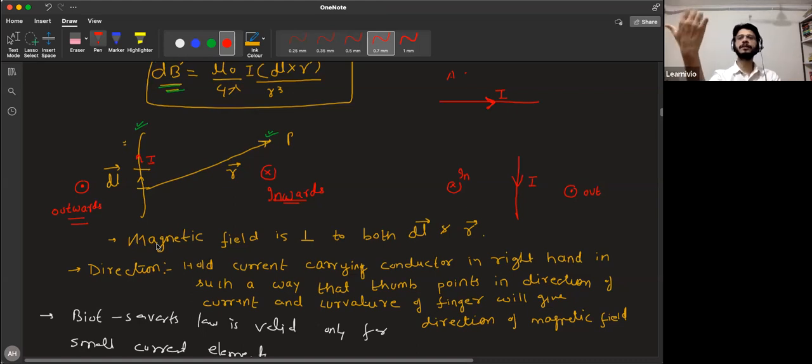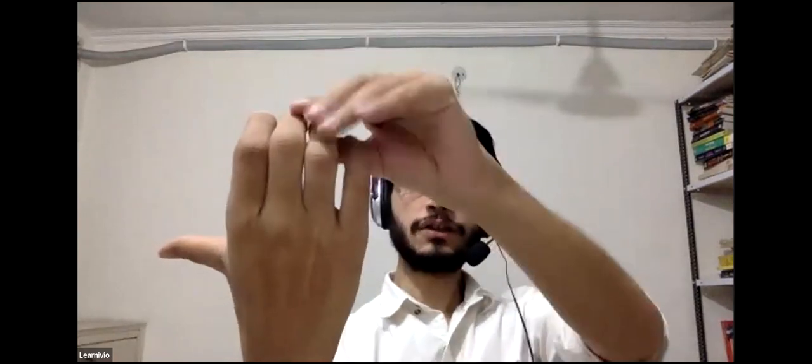See, how do we decide the direction? The current is going to the right hand side. So take your right hand, place your thumb along the x-axis in the direction of current. Now this is the curvature of your fingers. Over a point above the wire, the curvature of the fingers is outwards, right? Then if you take a point below the wire, the curvature will be inwards.